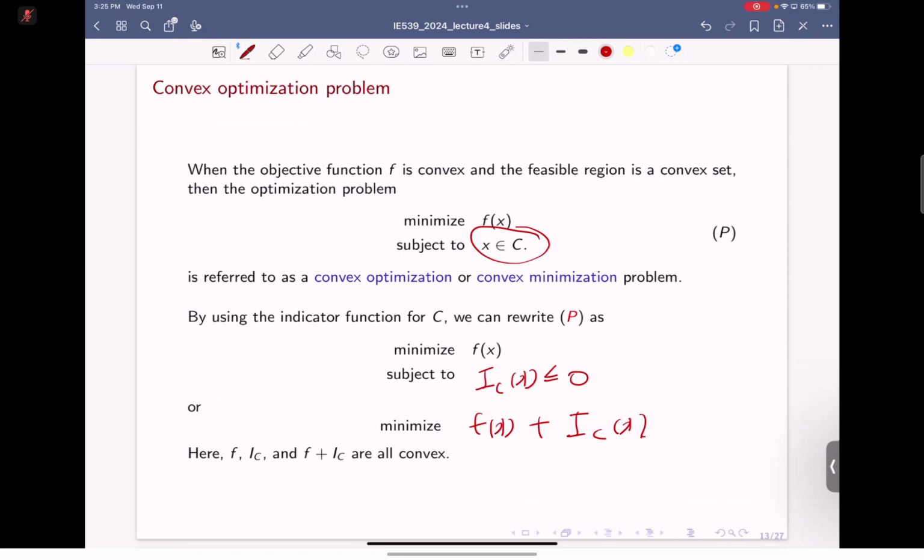And your objective is to minimize the function. But every time you get a plus infinity value, such a point doesn't have any meaning. So you have to consider the set of points where this part becomes 0. And that's equivalent to considering the point in the set C.